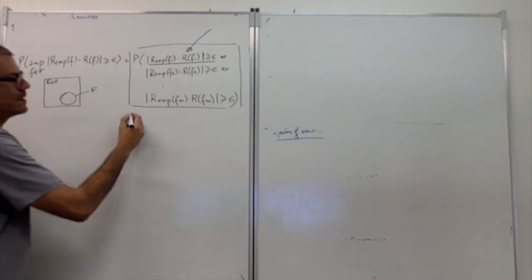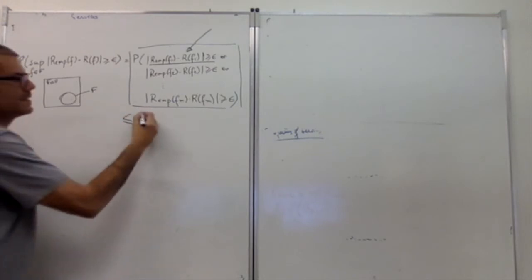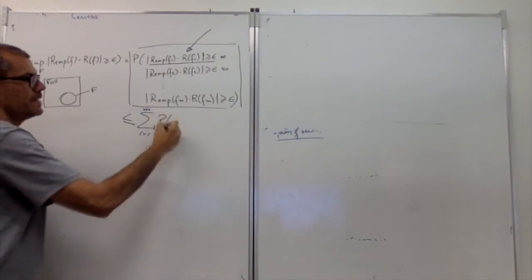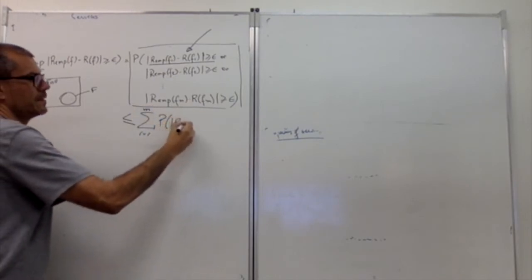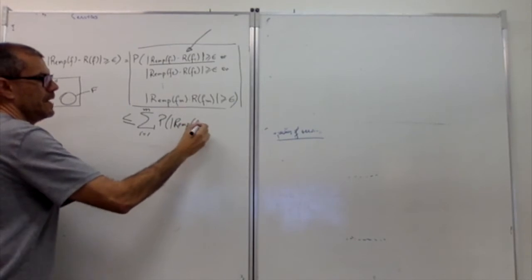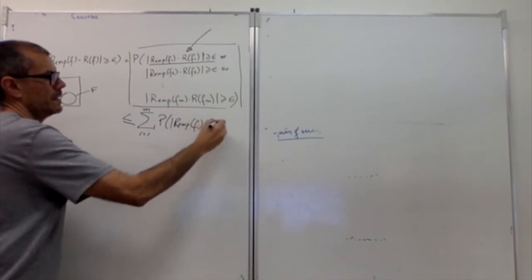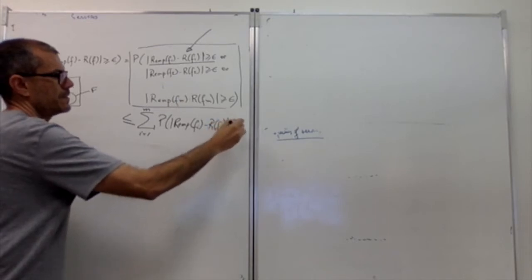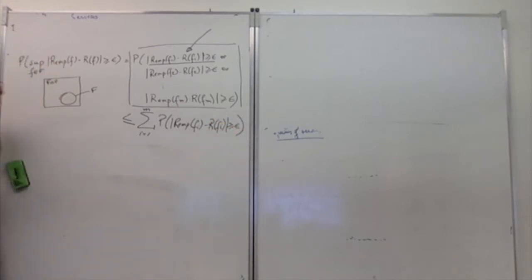Okay, so this is upper bounded by the sum of the probability of every function Fi, where the expected risk is greater than or equal to some epsilon.